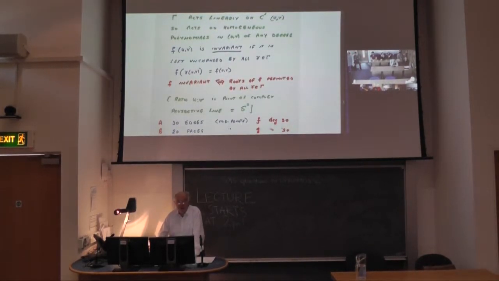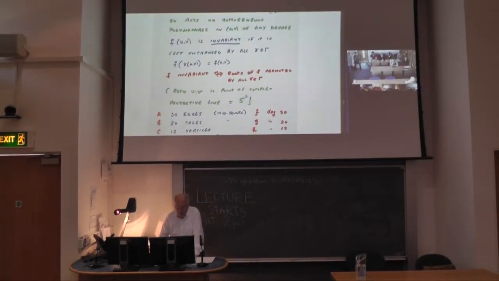In the particular case of the icosahedral group, where would you get invariant polynomials from? Well, if you have an invariant polynomial, these are homogeneous polynomials in two variables u and v. You can think of the ratio of u to v as one complex number, including infinity, so each root will be a point on the complex projective line, essentially the two-dimensional sphere.